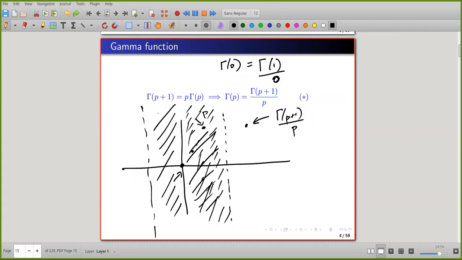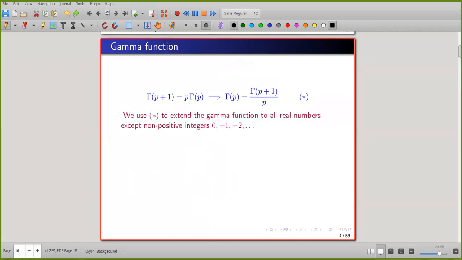Once again, we can do the same thing. The value of the gamma function at this point can be defined as the value here divided by this p. So we use star to extend the gamma function to all real numbers except the non-positive integers 0, -1, -2, and so on. We cannot define it at these negative integers because we will not be able to define it at 0, and since we have not been able to define it at 0, we will not be able to define it at -1 and -2 and so on.